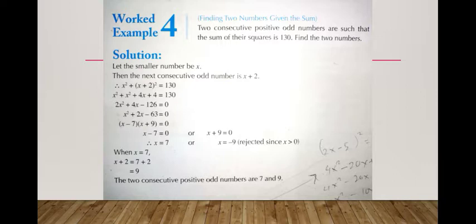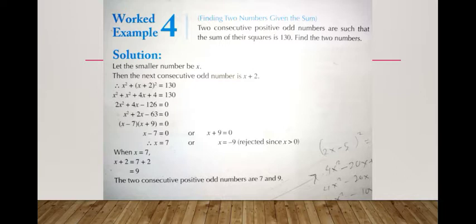And then because there are two positive odd numbers which are consecutive, that means the next one will be x plus 2, right? Because for odd numbers, let's say the first odd number is 3, the next one will be 5, right?